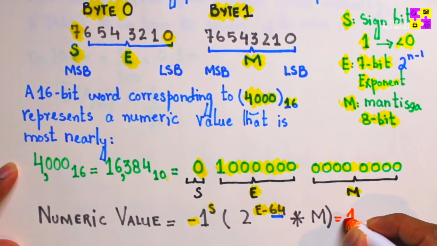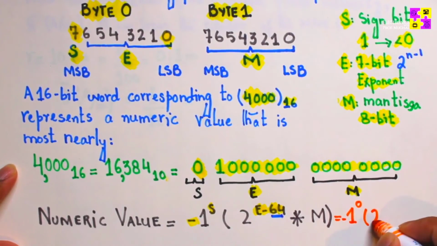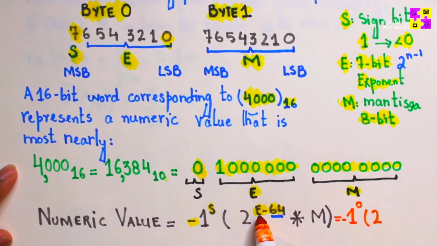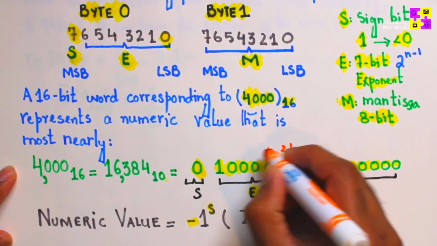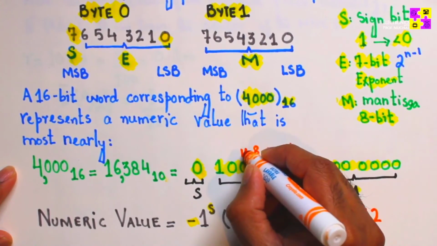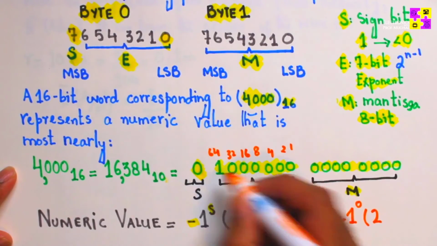Now, if we plug in the values here, what do we get? Negative 1, s is 0, correct? To the power, e is what here? E is simply 1, 2, 4, 8, 16, 32, 64, so the magnitude of this bit is 64.